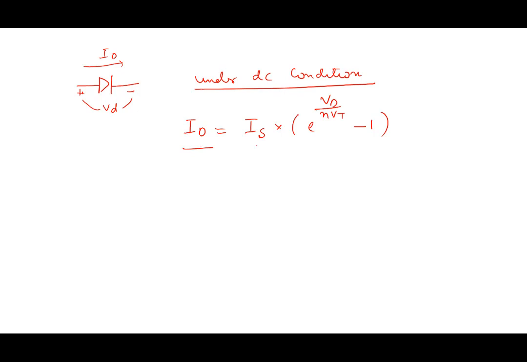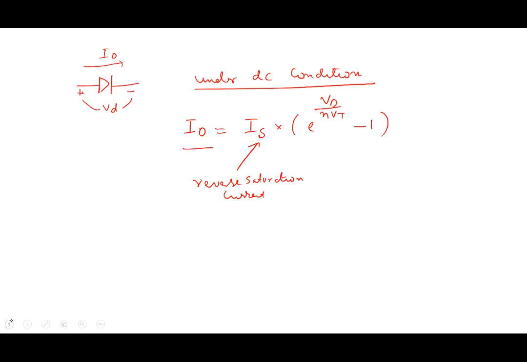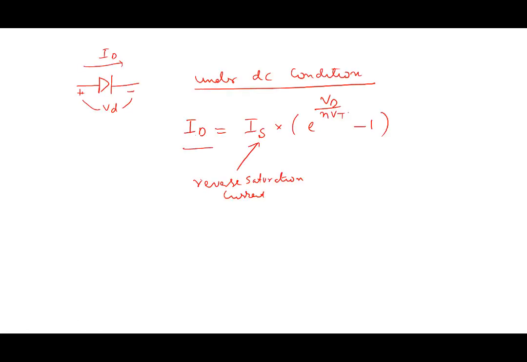What is this called? It's called reverse saturation current. Note that this is the reverse saturation current here. ID, of course, is the current. This VT is what?